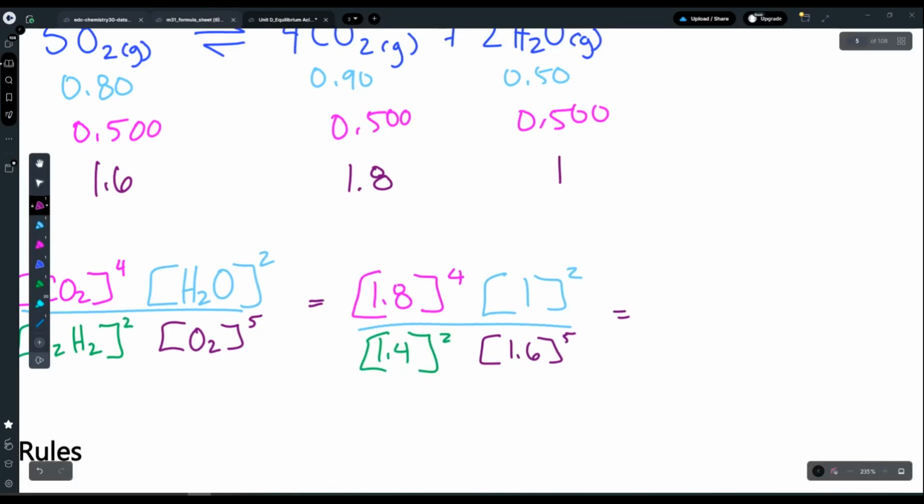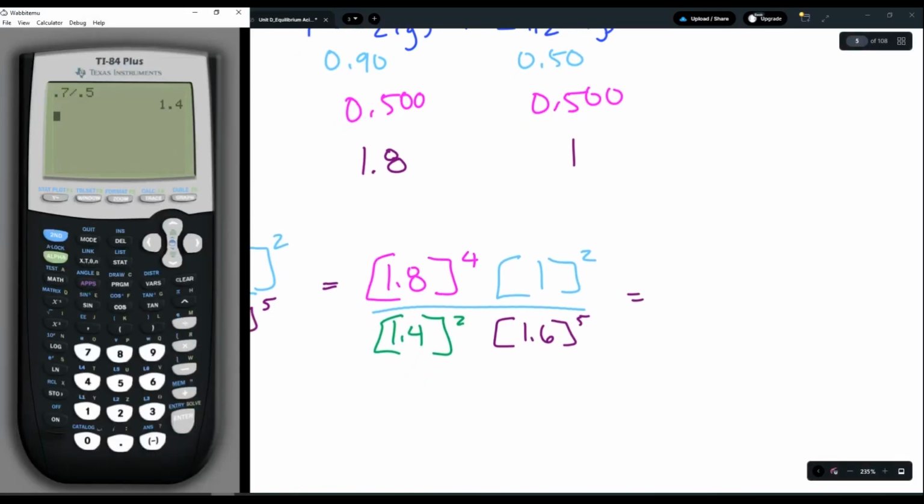Alright, so let's put this into our calculator. I'm going to put everything in the numerator in brackets and then everything in the denominator in brackets. So 1.8 to the power of 4 times 1. You could write 1 to the power of 2, but 1 to the power of 2 is still 1.